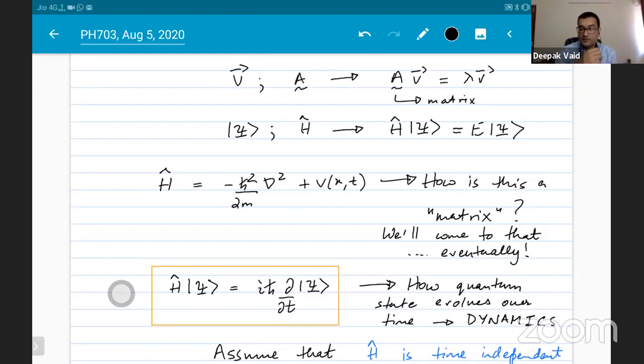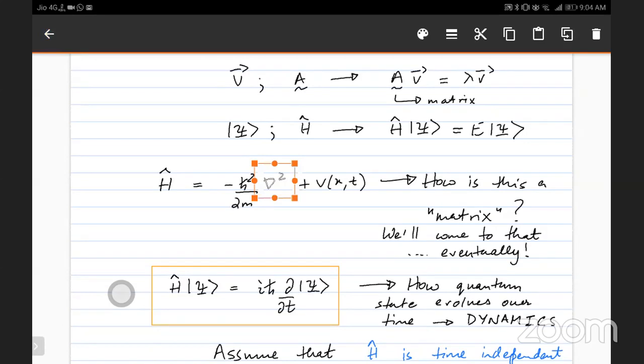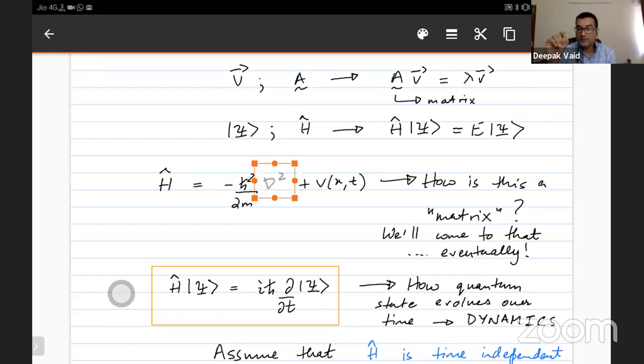But if a state has only one eigenvalue, like position equals some x0, then there must be no evolution, right? No, because of this gradient term. The eigenvalue changes with position also.